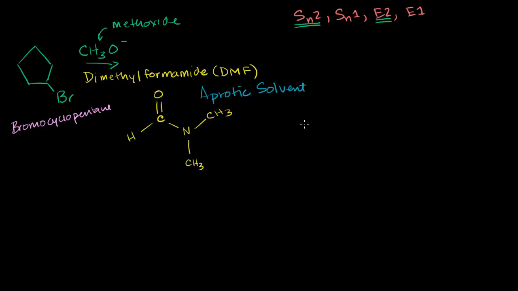They would take the electrons from that strong base or that strong nucleophile. So in order to have an Sn2 or an E2, you have to have no protons flying around. So you need an aprotic solvent. So this aprotic solvent will favor an Sn2 or an E2 reaction. Now, so our mind is already thinking Sn2 or E2. Let's think about the reactants themselves.